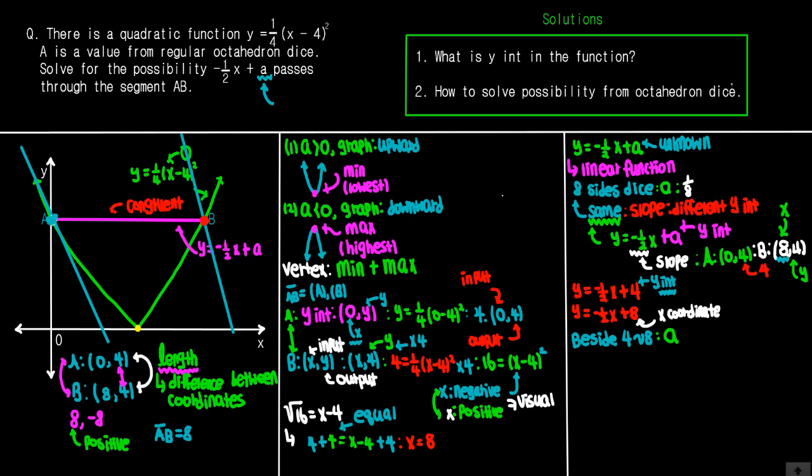But then the 4 to 8 will be 5 numbers, and a can be either 1, 2, 3, 4, 5, 6, 8, since we knew that it is numbered from the regular octahedral dice. So we can say that the number of possibilities for a, in total, is 1 over 8 times 5, which is 5 over 8. So our final answer for this question is 5 over 8 for our number of possibilities for a.